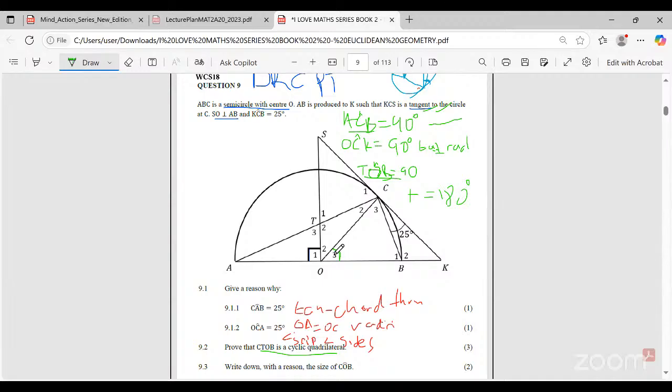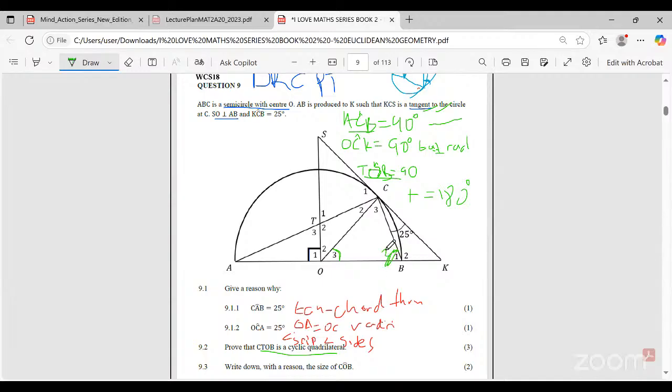OBC. So B1 is equal to 25 degrees because it's the same as the 25 degrees, sir. So you are saying this one is 25.